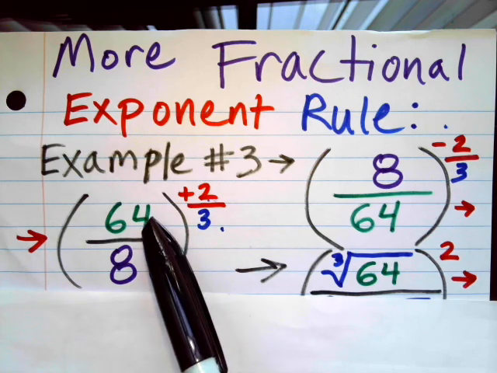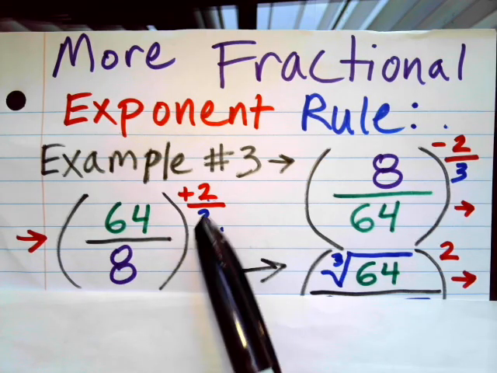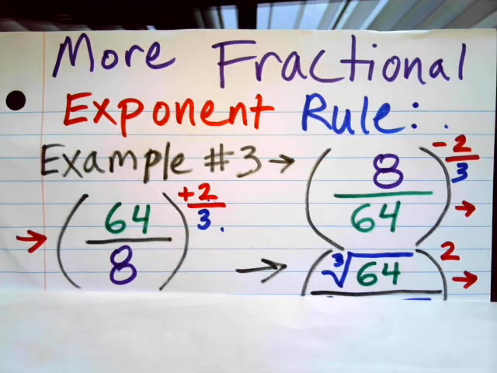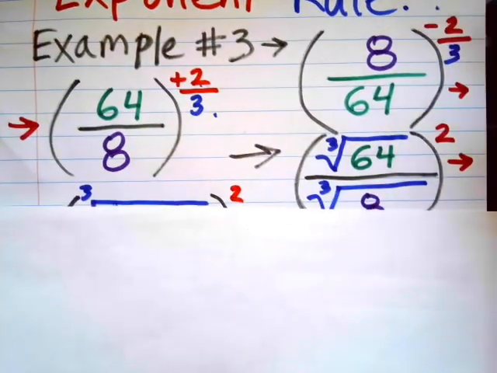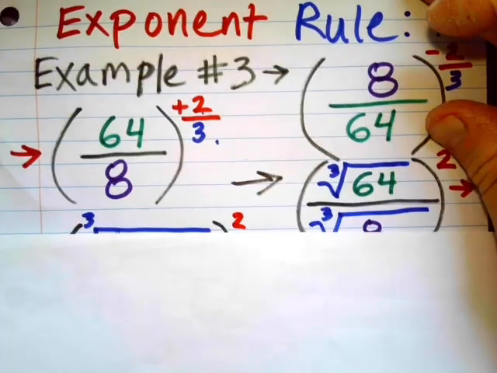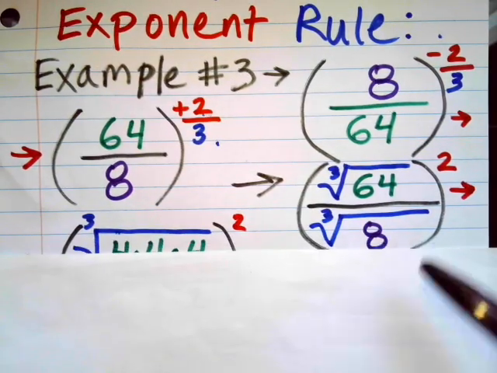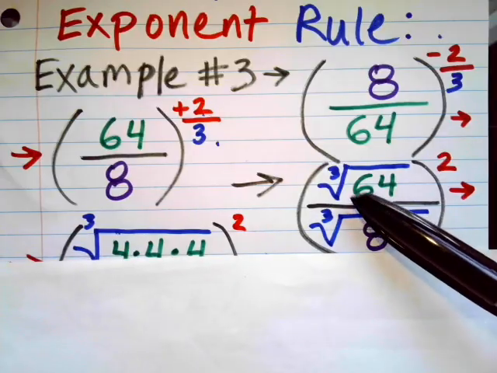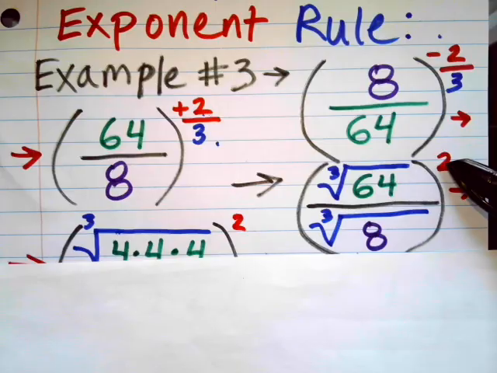So I'm going to put a cube root over 64 and a cube root over 8, in parentheses, and outside the parentheses, to the power of 2. And that's what you can see over here: cube root of 64, cube root of 8, raised to the power of 2.